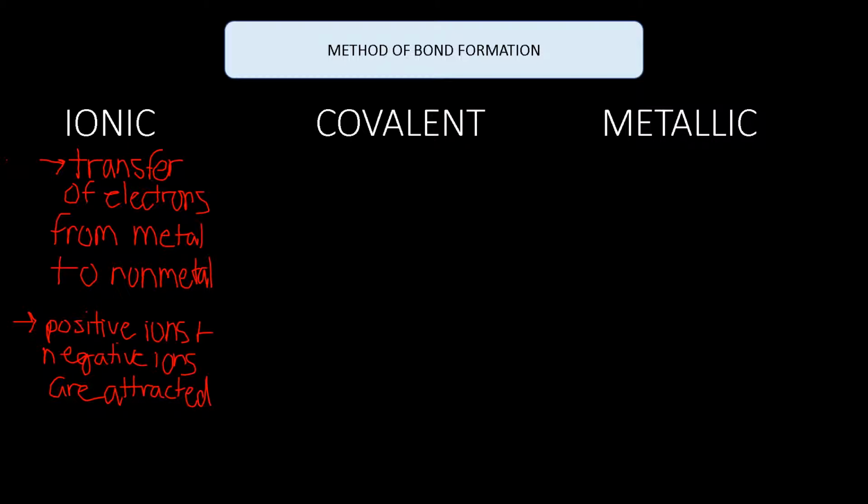Now, for covalent bonding, instead of having a transfer of electrons, we have a sharing of valence electrons. And this occurs between two nonmetals, like we said before.